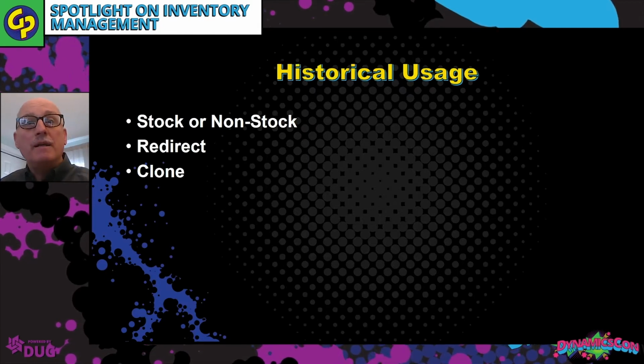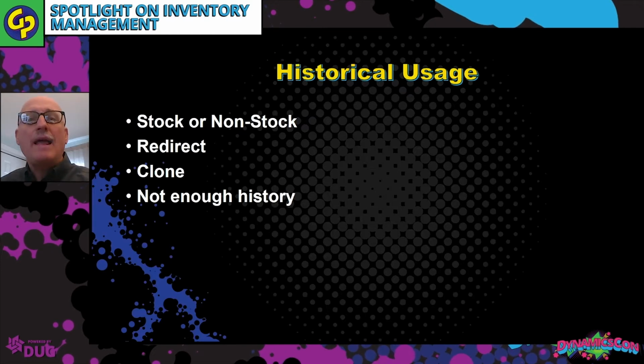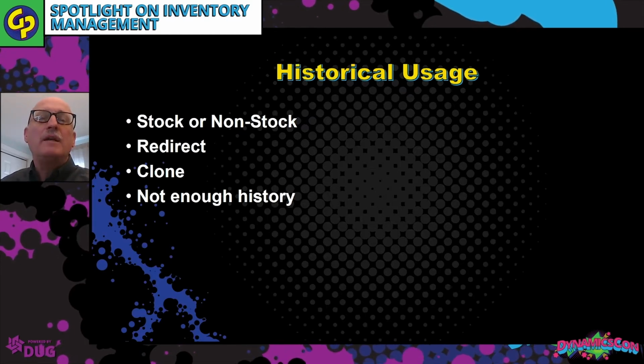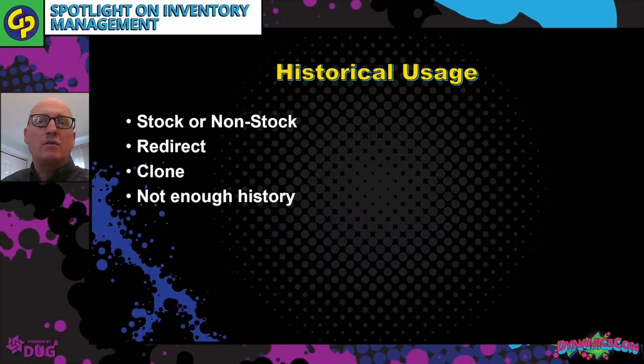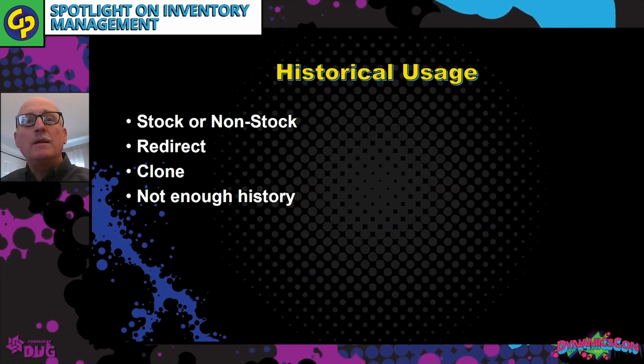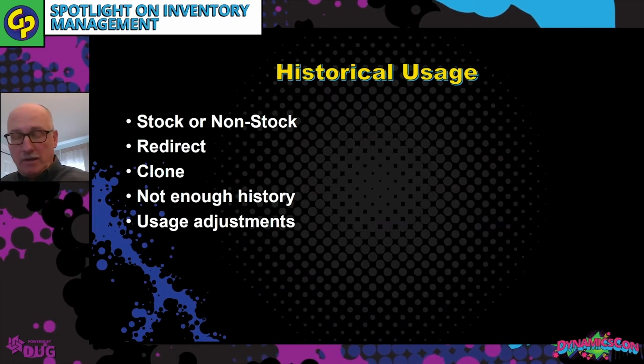And then there are going to be examples where you just don't have enough history. You don't have enough history to forecast, and we're going to need to find a way to address those items. You do want to stock them, but you just don't have enough history to forecast. And then there's going to be times when you want to make usage adjustments.